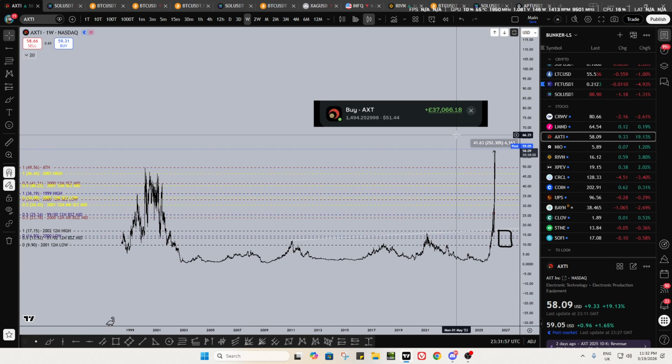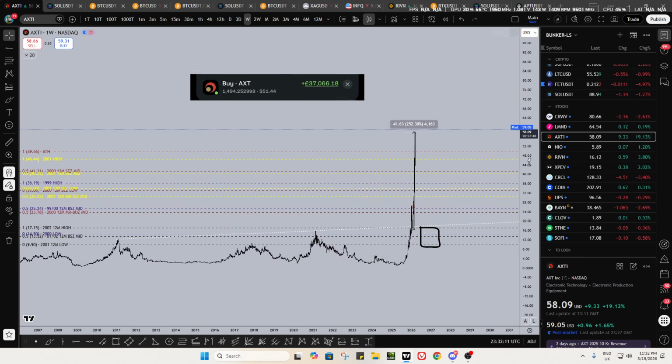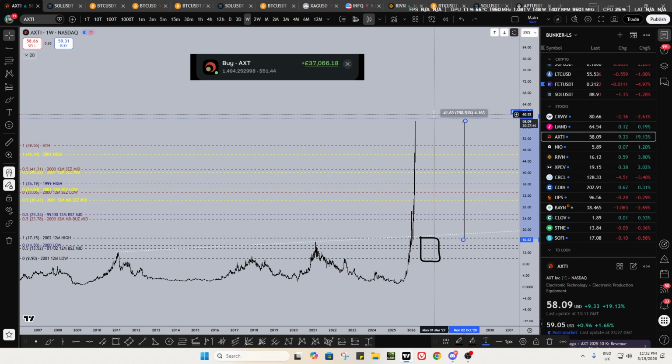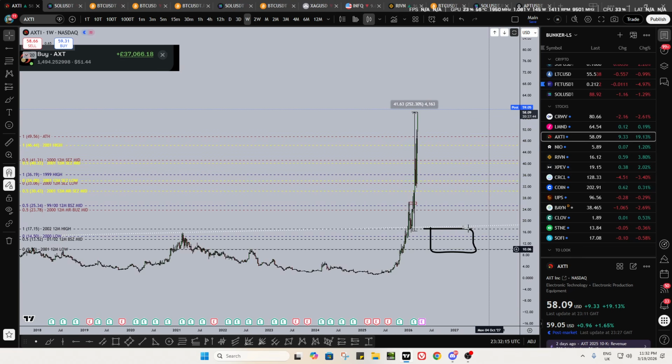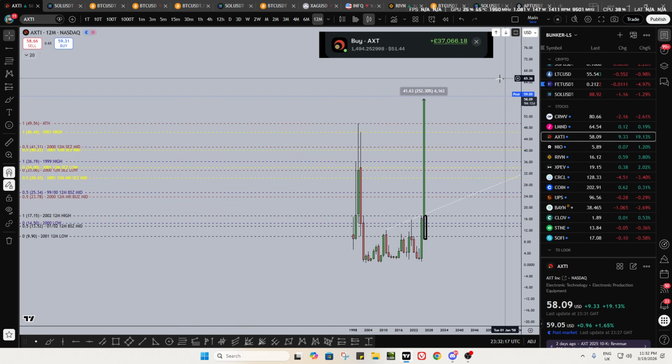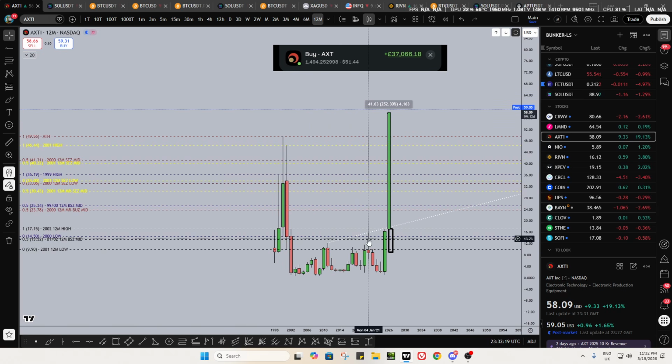This one is, I don't know why my TradingView is acting up, one sec. But this one has been, the yearly candle for this is ridiculous. Just a straight green pop up.